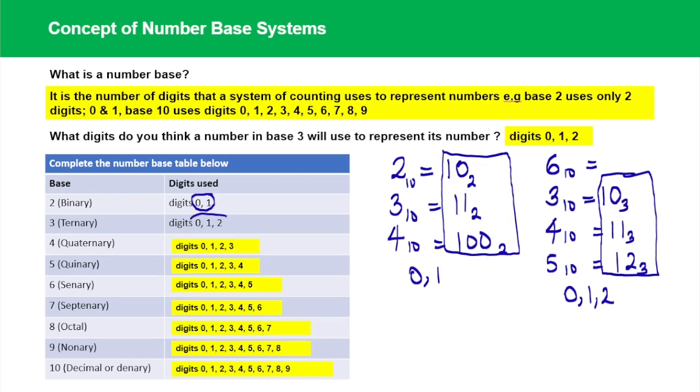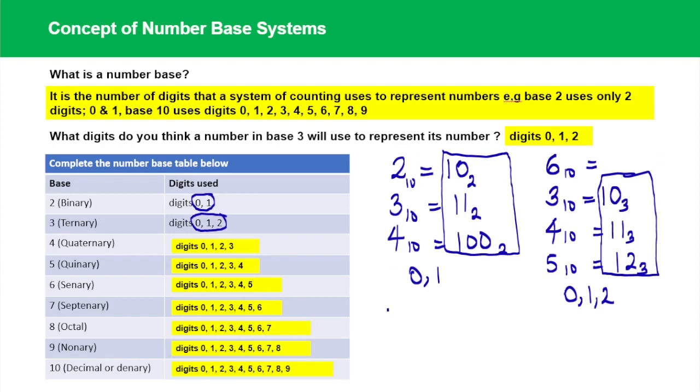The digits used by the base 3 number system are 0, 1 and 2, and they are each less than the base. This implies that the highest digit for a base 2 number system is 1. The highest digit for a base 3 number system is 2. The highest digit for a base 4 number system is 3, and on like that.